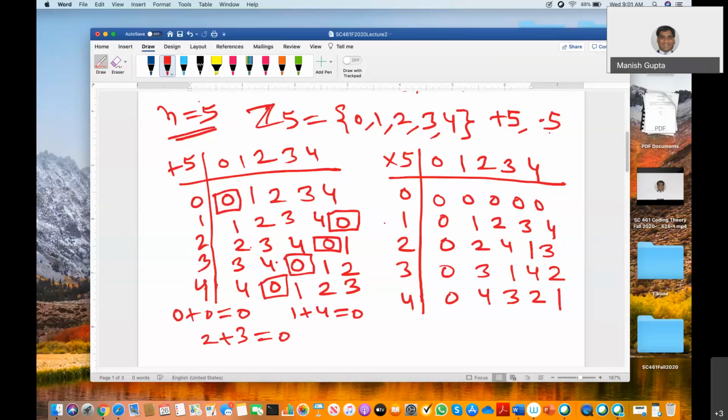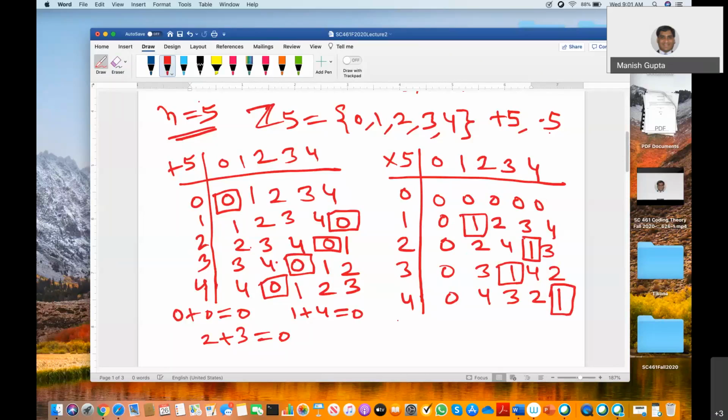Now here I should locate the multiplicative identity. 1, okay, 1 here and 1 here.